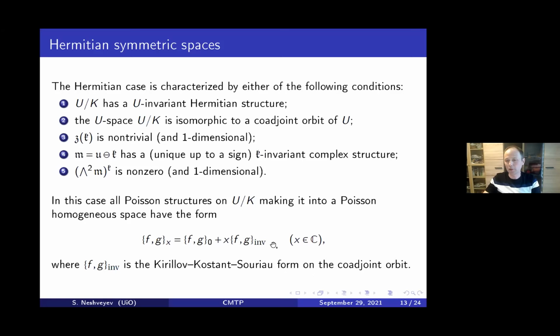In this way, you can get all possible Poisson structures which make it a Poisson homogeneous space. As a result, you should expect that if you manage to quantize it, then you have one more parameter of quantization corresponding to this extra parameter. Similarly to the case of the Podleś sphere, we then have a one-parameter family of spheres.